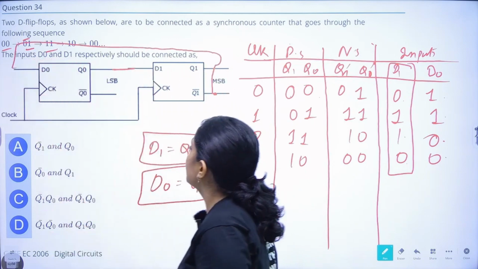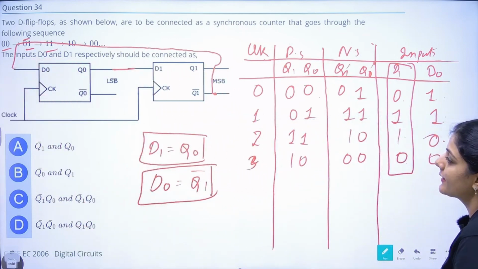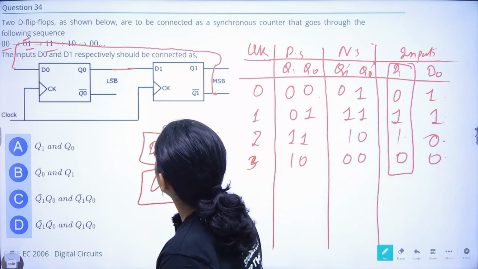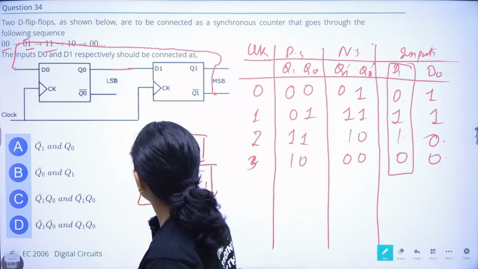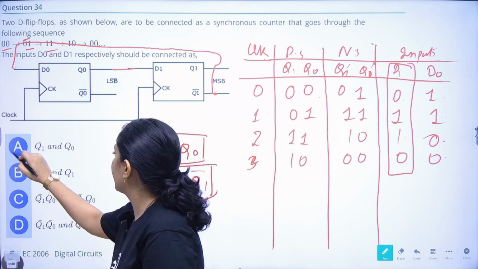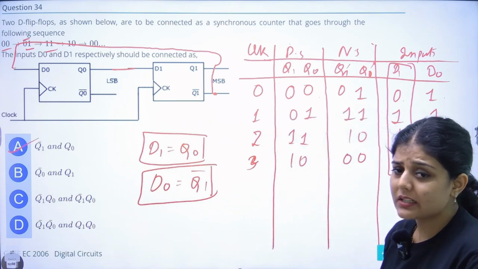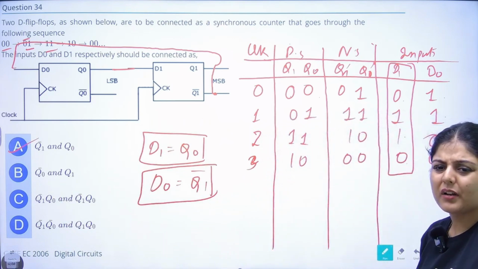So this is how the connection is implemented. Right, in the correct option we can see in which sequence they are asking D0 and D1. So Q1 bar and Q0. Option A will be your correct option. This is a little opposite, but it's okay.